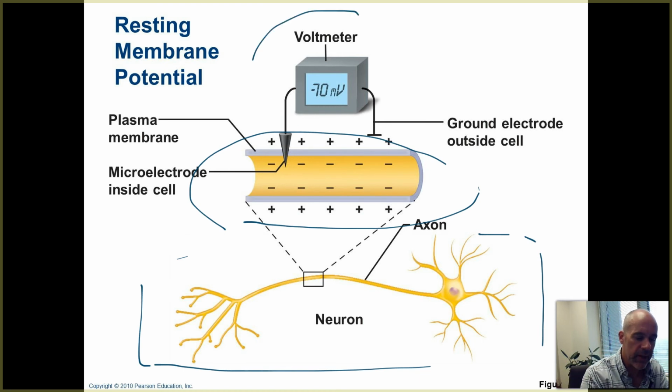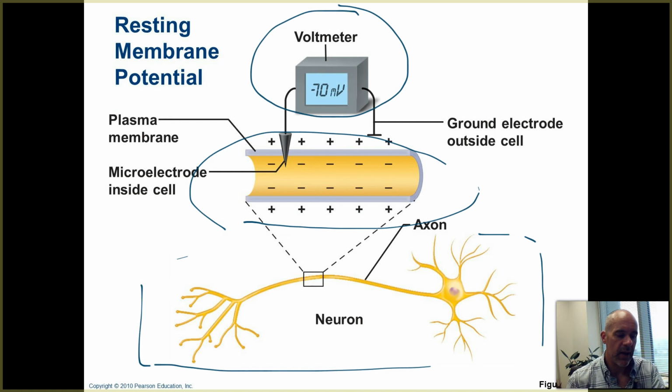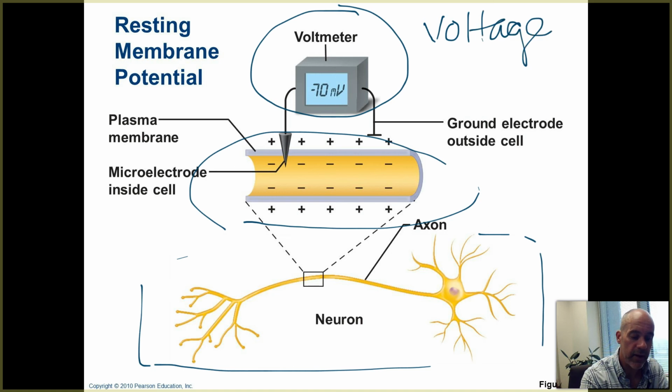And this is a voltmeter. So the difference in charges between the inside and the outside can be measured in volts. That's voltage. And we're not going to get into the nitty-gritty details of what voltage is, but that is a measurement of the charge difference between the outside of the cell and the inside of the cell for our purposes.